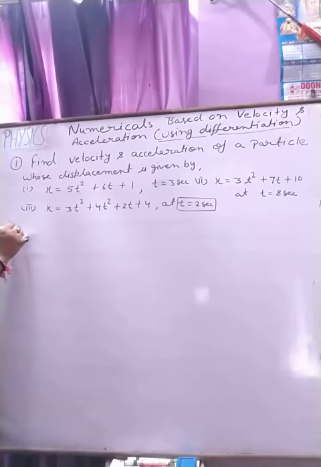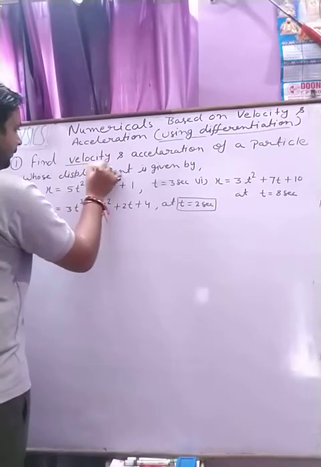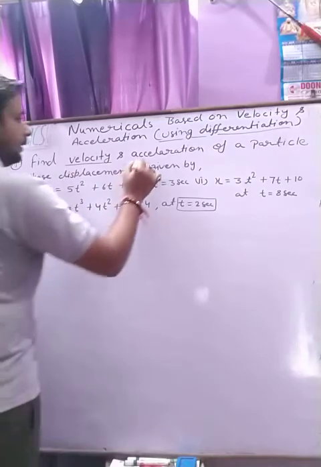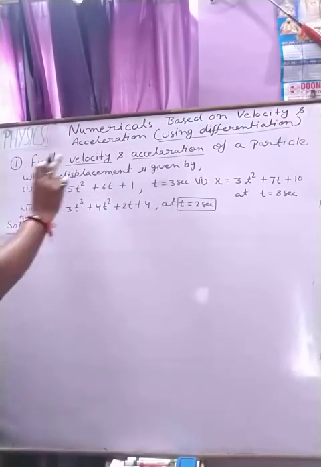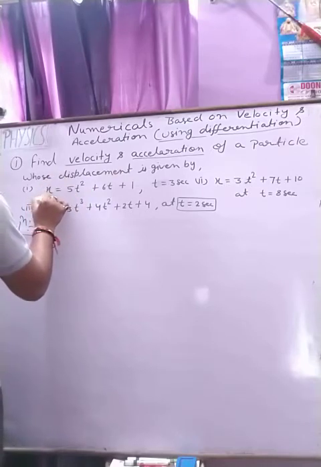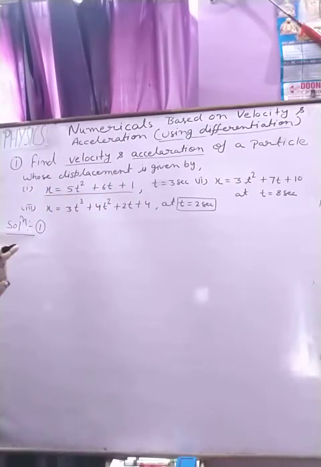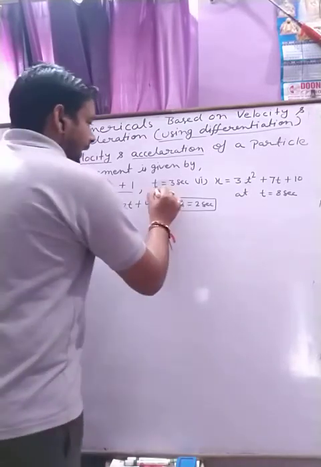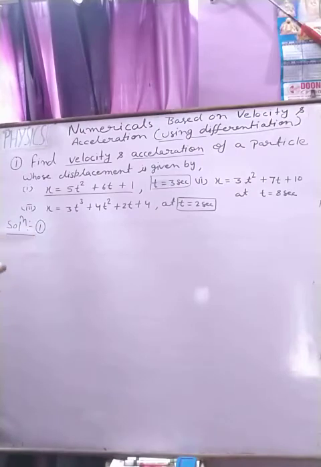Solution of first: what we need to calculate? We need to calculate the value of velocity and acceleration when the displacement of the particle is given by x equal to 5t square plus 6t plus 1, and the time we have for this is t equal to 3 seconds.